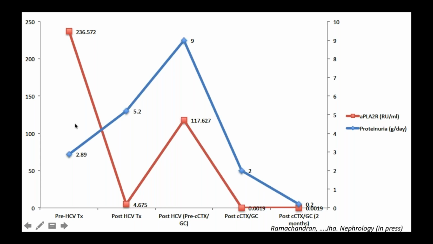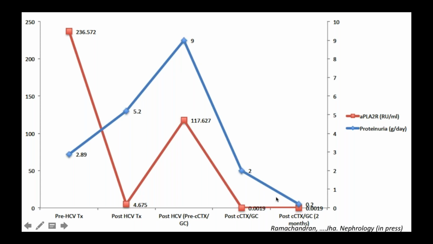The patient was first treated with antiviral agents, and in the initial instance, the phospholipase A2 receptor antibody titer came down, but the proteinuria continued to persist. Once the hepatitis C virus was treated and it became negative, we found that the proteinuria was still persisting. So at this time, the phospholipase A2 receptor antibody had come back. And here we decided to go ahead and Dr.